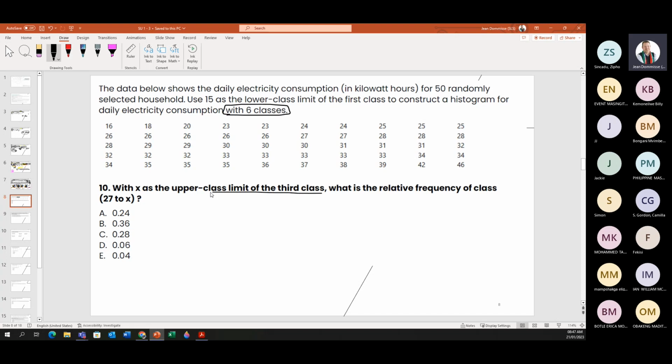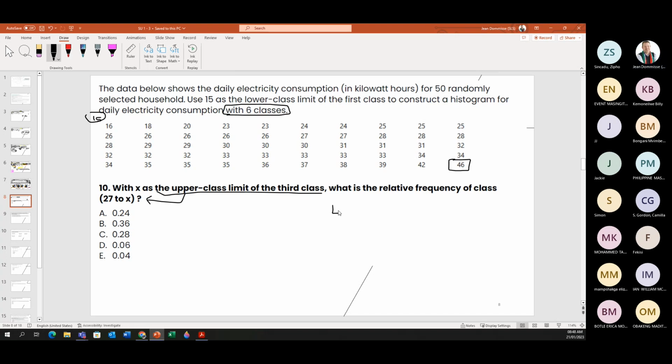They just tell us that is the upper limit for class 3. So 15 we'll use as the lower class. They don't tell us what we need to use as the upper class, so we use 46 as the upper class. Otherwise, they needed to tell us a number for that.